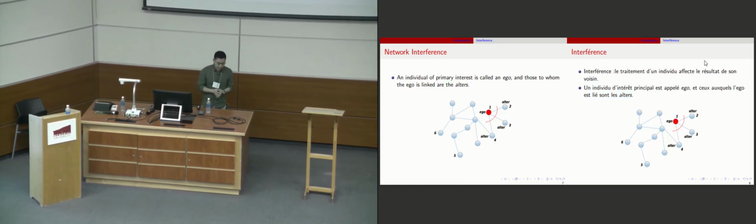This project focuses on network interference. We suppose the individuals are in a network, and the individual of primary interest is called an ego. Those to whom the ego is linked are the alters. You can see that in this simple network, individual 1 is the individual of primary interest.